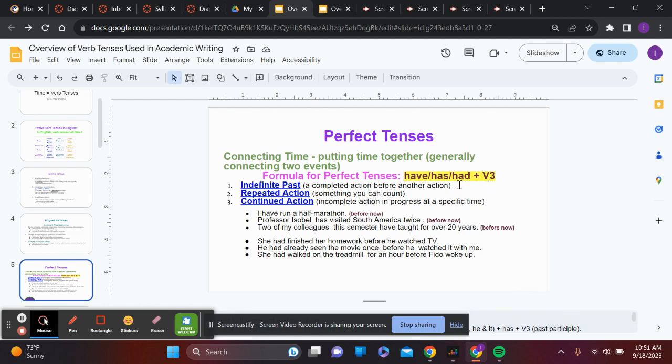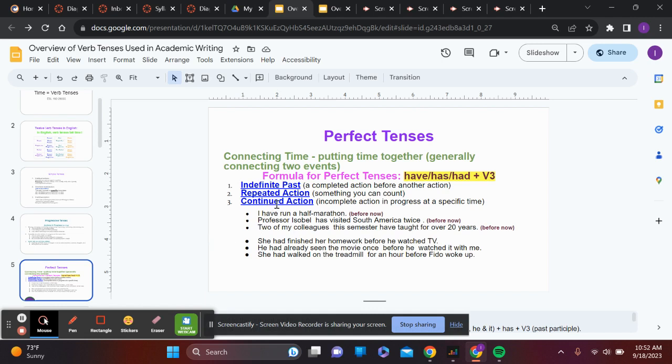In the past perfect, we use had plus V3. Remember that you should not confuse the present perfect with the past perfect. We use the present perfect to describe an action that happened before now. For example, I have run a half marathon before now.